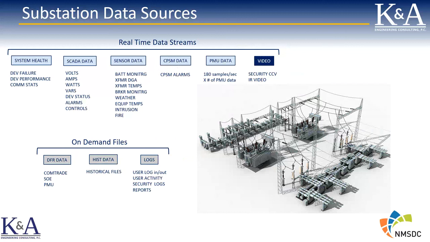Another type is CPSM data. CPSM is continuous protection system monitoring, which is a regulatory requirement where essentially we want to be assured that the protection system primary components, such as the PTs and CTs, remain calibrated and follow one another.